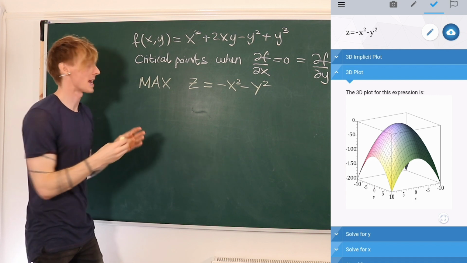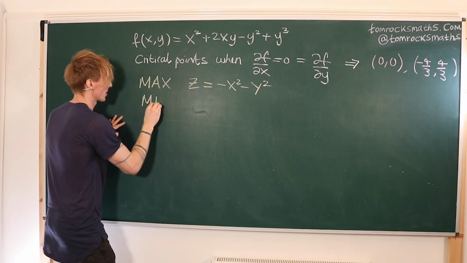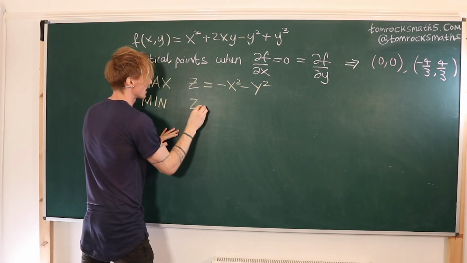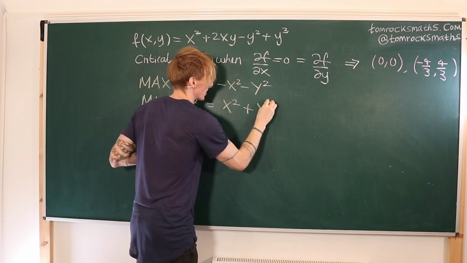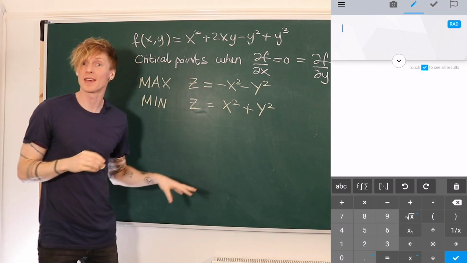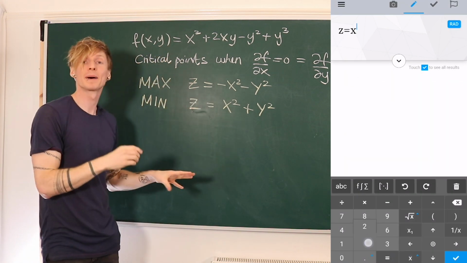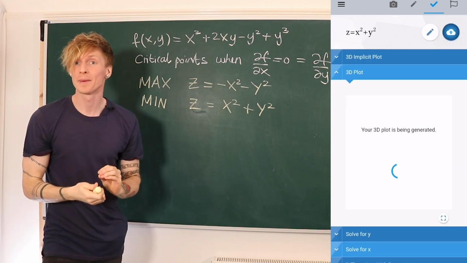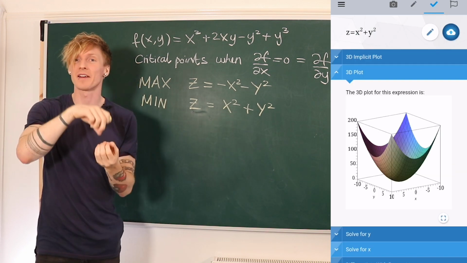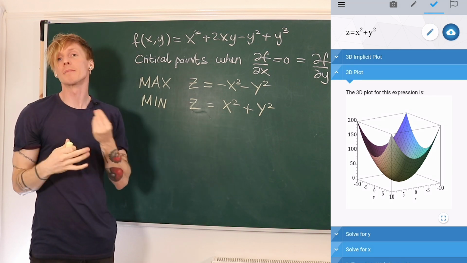We can also have a minimum, represented by z equals x squared plus y squared. Again, if you plot this, you will get something that looks like a valley or a bowl shape, with (0, 0) at the very bottom of that bowl being your minimum point.